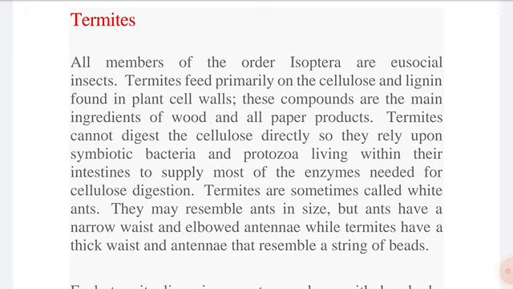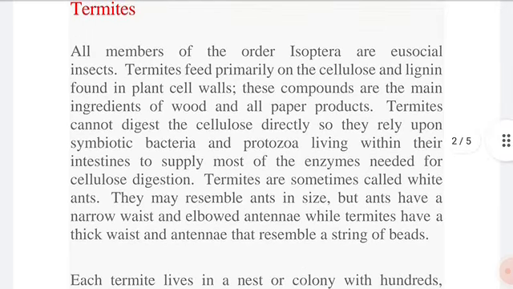Termites cannot digest the cellulose directly. So, what do they do? They rely upon symbiotic bacteria and protozoa living within their intestine to supply most of the enzymes needed for cellulose digestion. In this way, they digest cellulose.